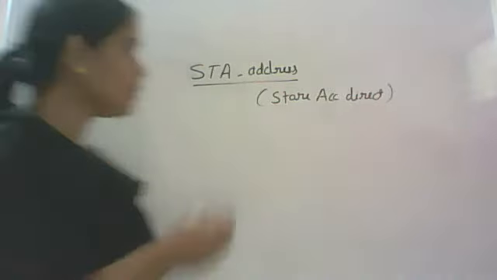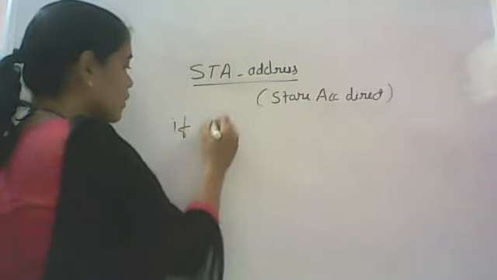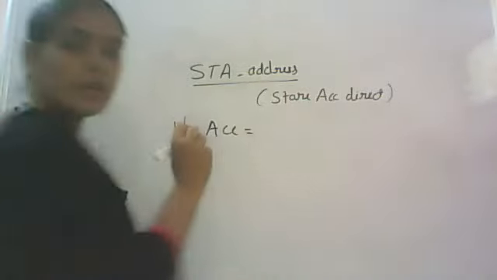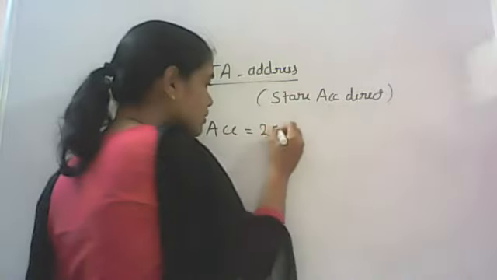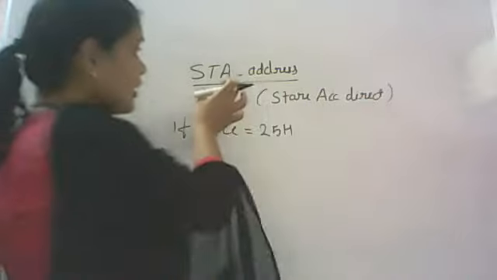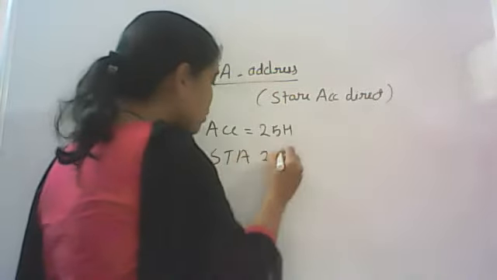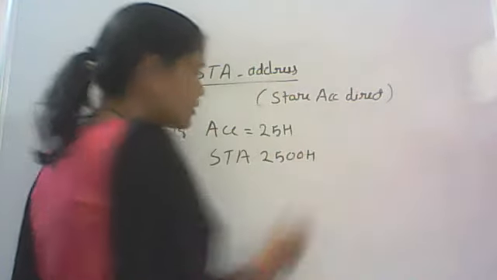For example, if the accumulator contains 25 hex, then see the example STA 2500 hex.